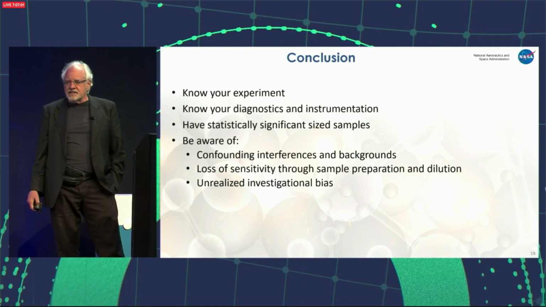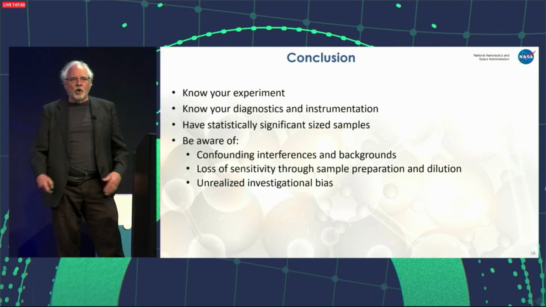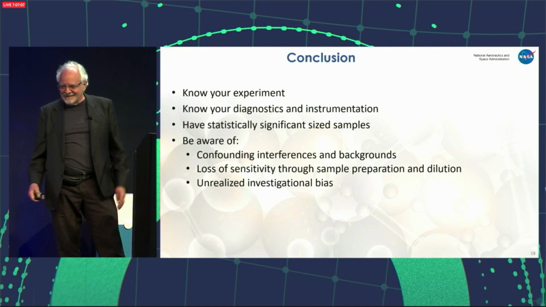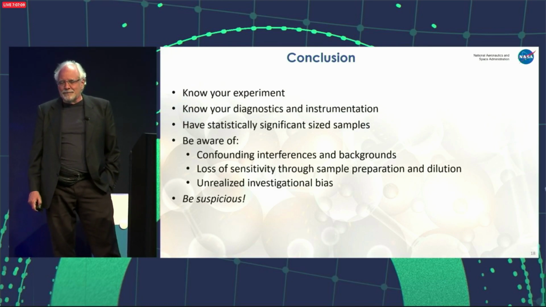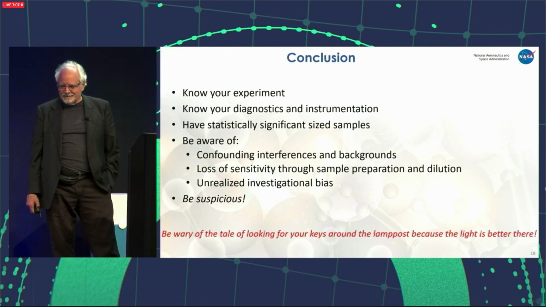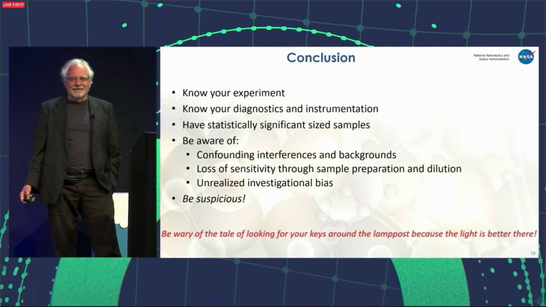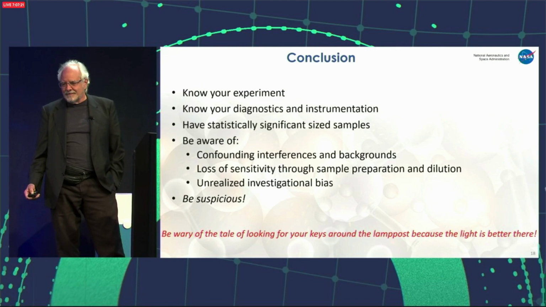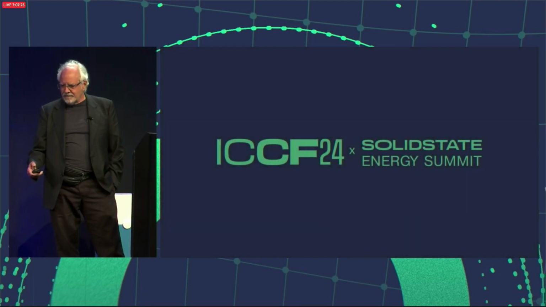And unrealized investigational bias. I mean, we all know what we're looking for. Is that what we find? Be suspicious. And be wary of the tale of looking for your keys around the lamppost because the light is better there. And I thank you.